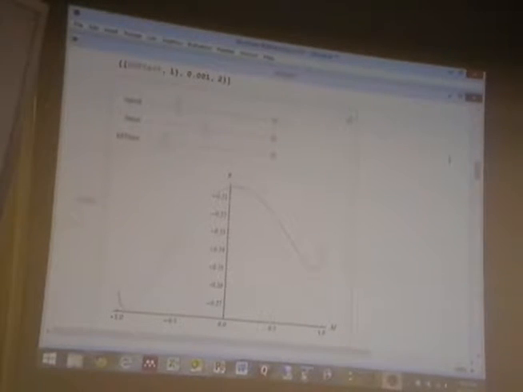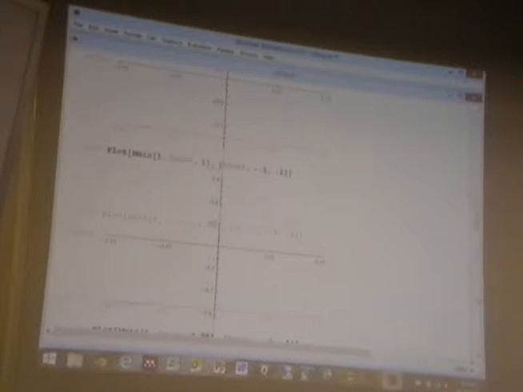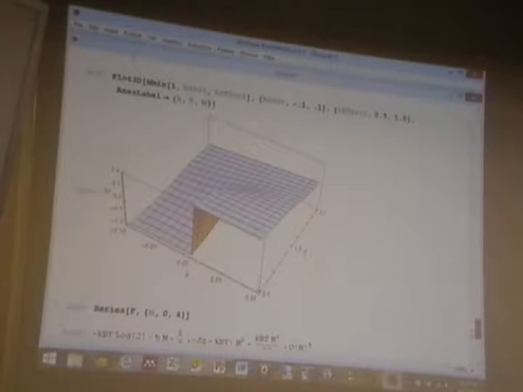Or I can make Mathematica do all that work, and I can generate lots of plots of the magnetic order as a function of field. Or I could generate plots of the magnetic order as a function of temperature. Or I can be really cool and make a 3D plot of both things. So here's my 3D plot, okay?